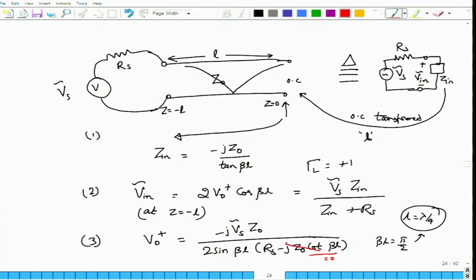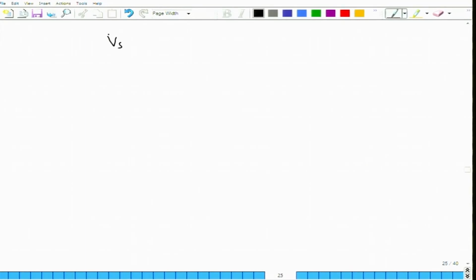Which means this entire term is gone, and this term has become equal to 1, and I just have minus j Vs bar Z0 by 2 Rs. If I only retain the magnitude, the voltage is given by magnitude of Vs bar times Z0 by 2 Rs. I am assuming that Z0 is real.